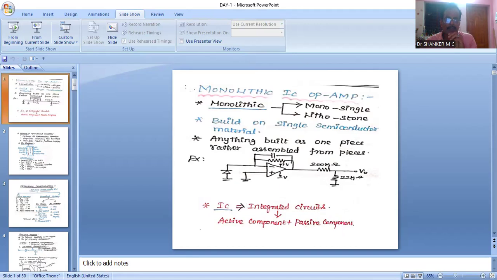More importantly, the op-amp has characteristics which we can separate into two kinds of mode. One is the ideal mode, where with the help of mathematical configuration we obtain many parameters. When we come to the practical manner, those characteristics will change.